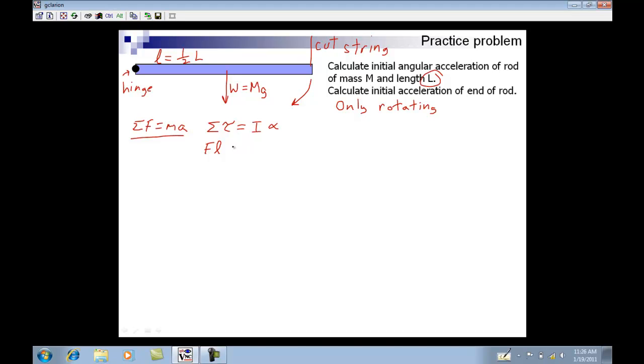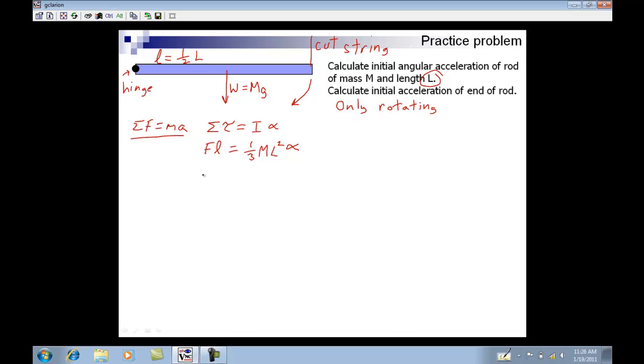Do you guys remember what the rotational inertia is of a rod about one end? Remember we proved it in class? Good. 1/3 the mass times the length squared, times alpha.